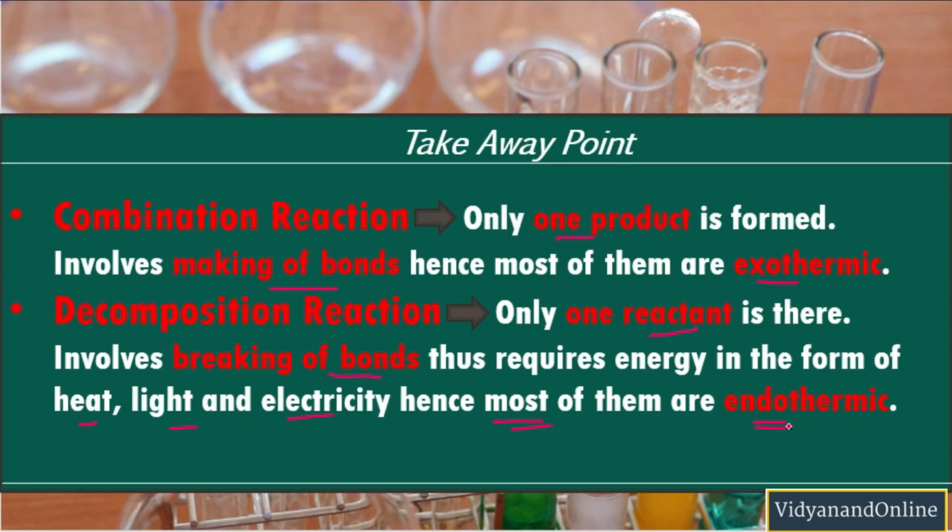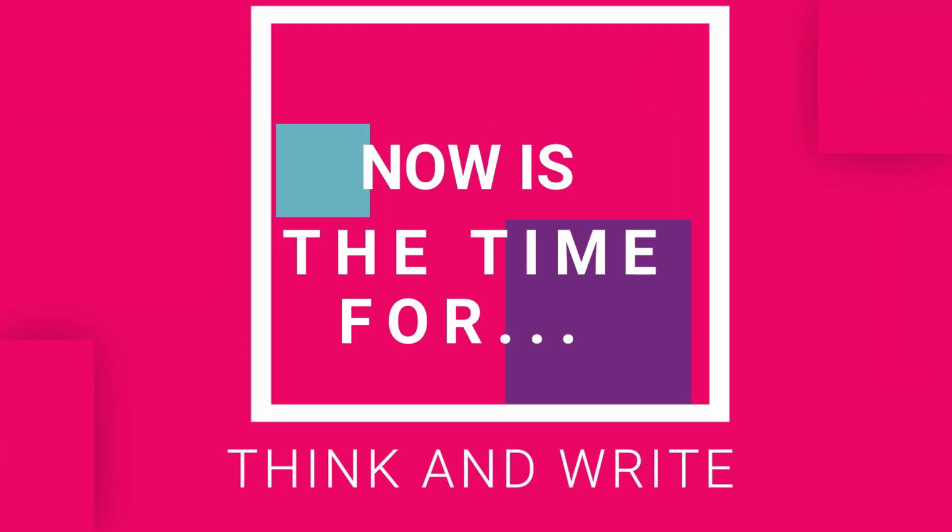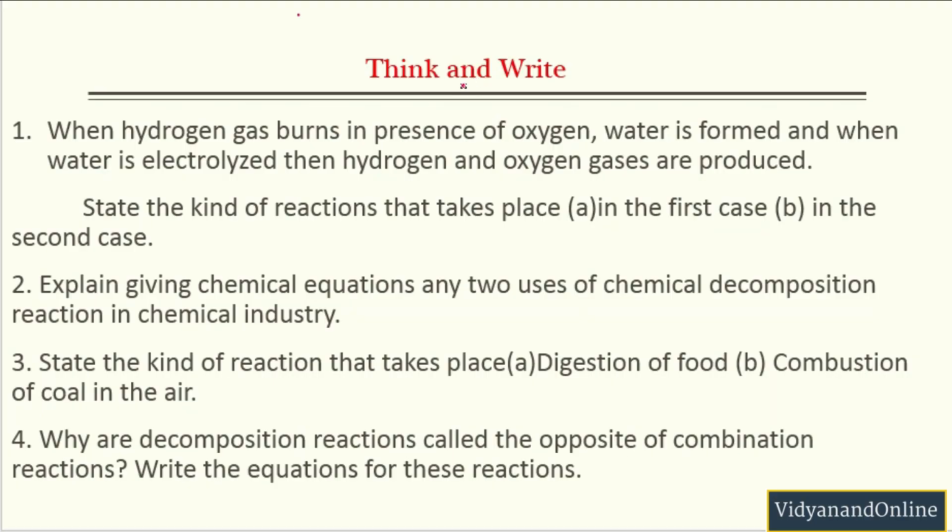Now it's a time for think and write. Take a pause here and read these questions and try to find the answers to these questions and write in your own words.